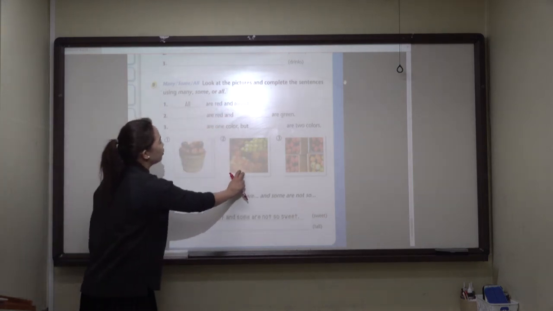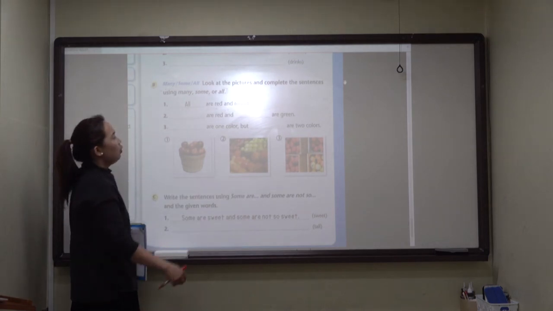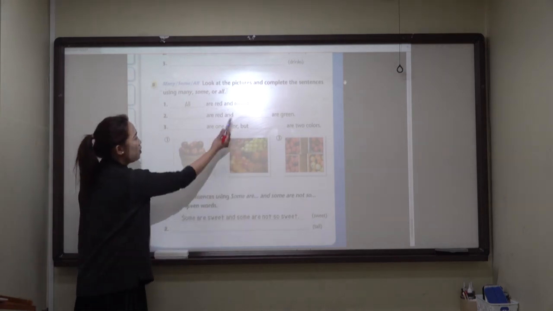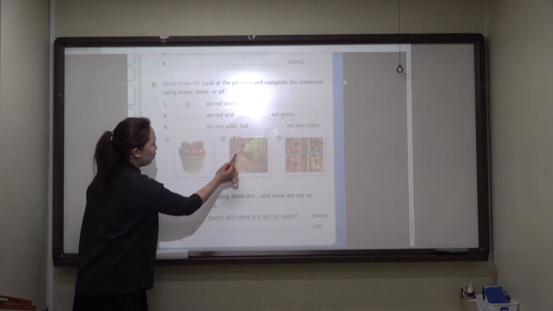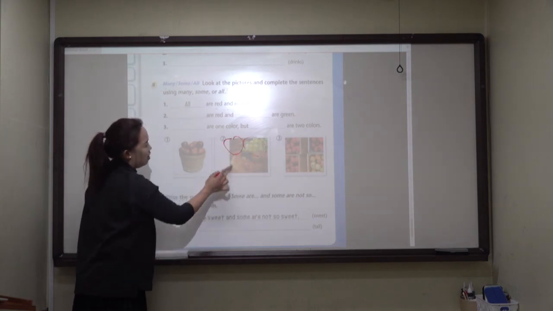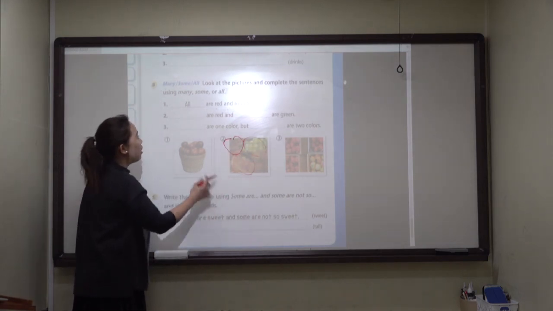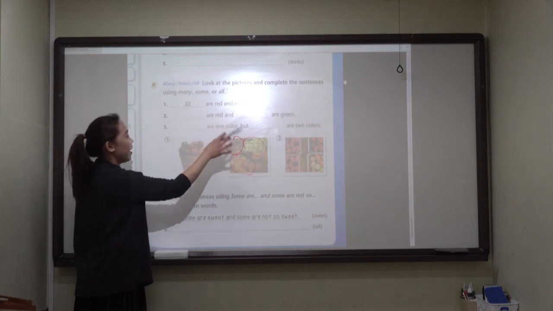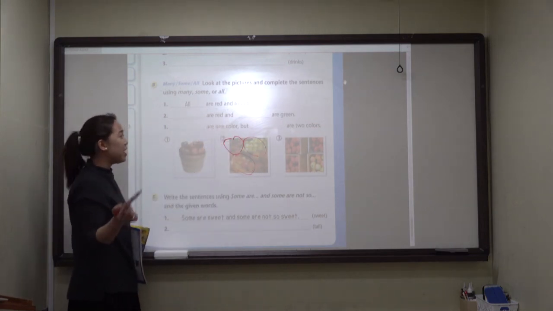How about in picture number 2? Right, some are red, red over here and green over here and some mixed colors over here, right? So you can say some are red and some are green.